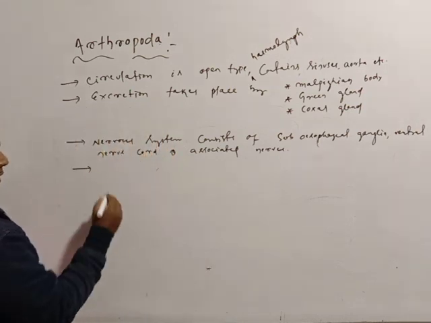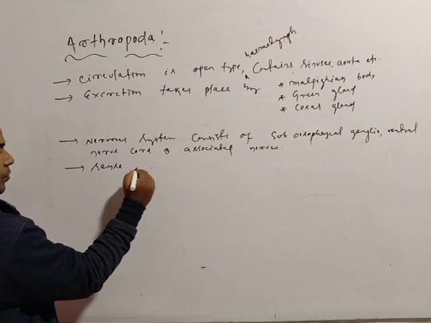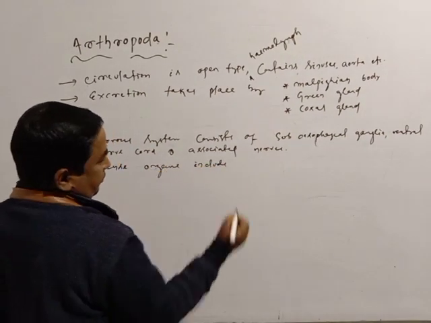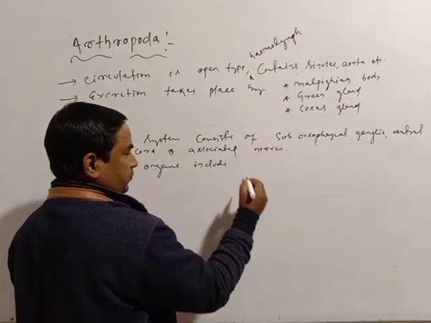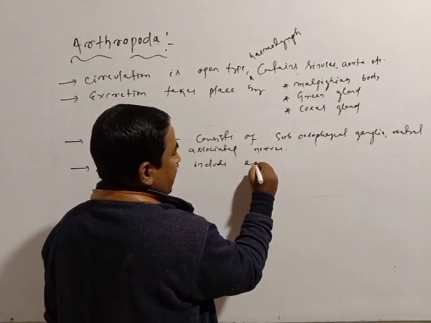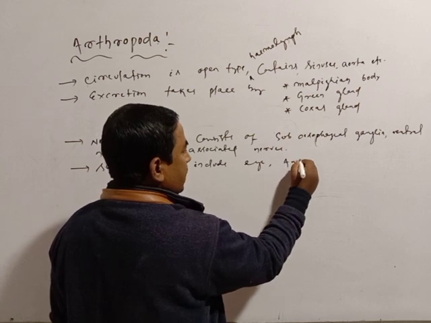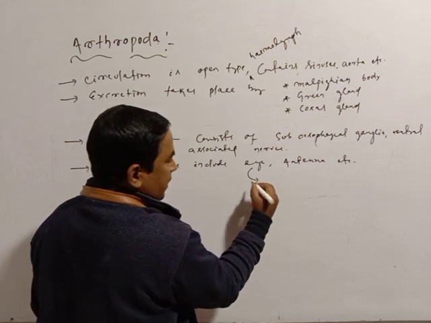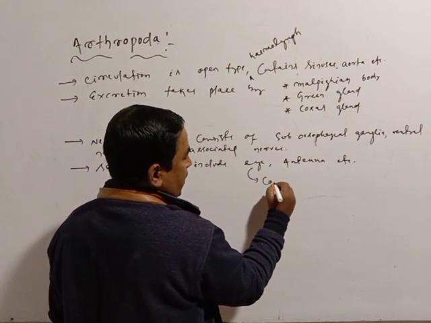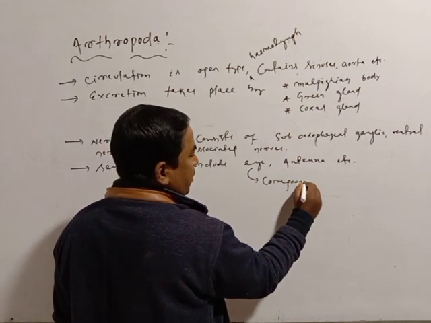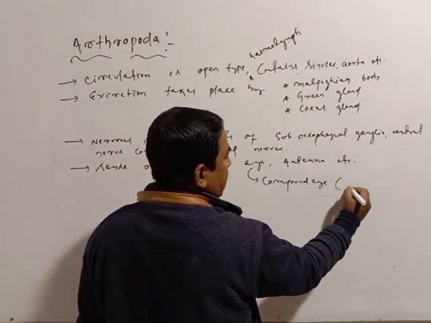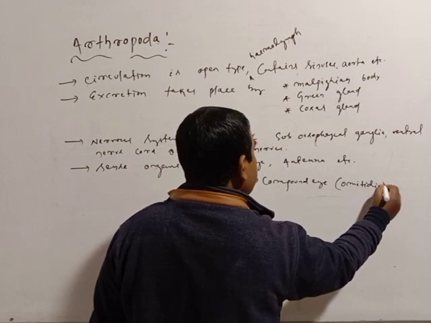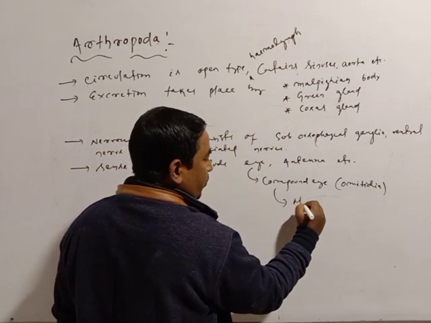Then sense organs include eye, antenna, etc. Eye is normally a compound eye having ommatidia, and the result is mosaic vision.